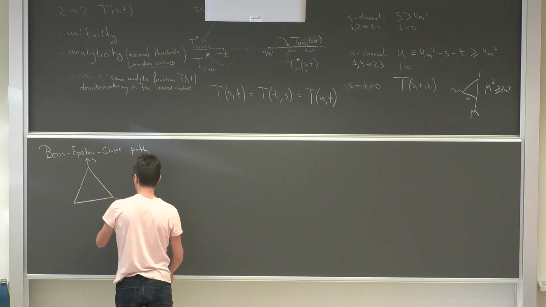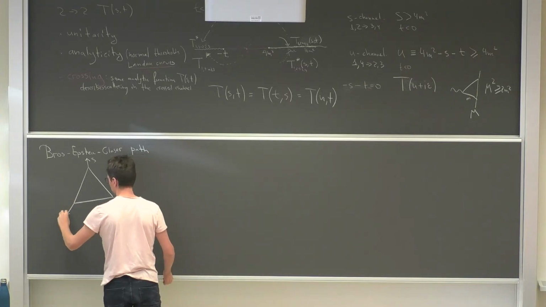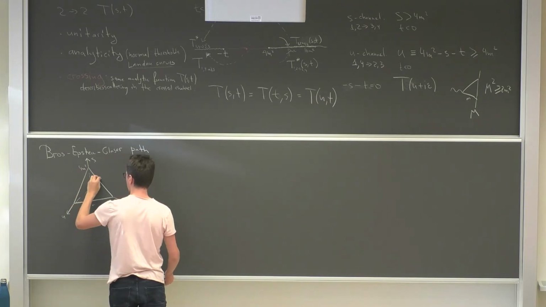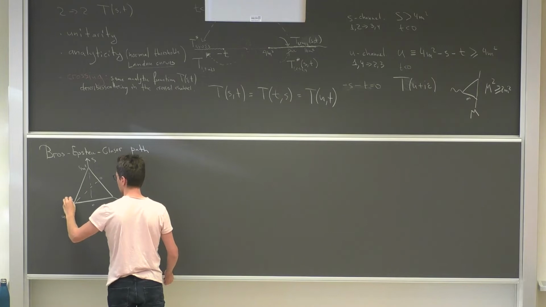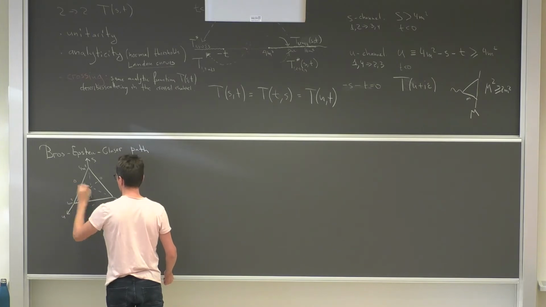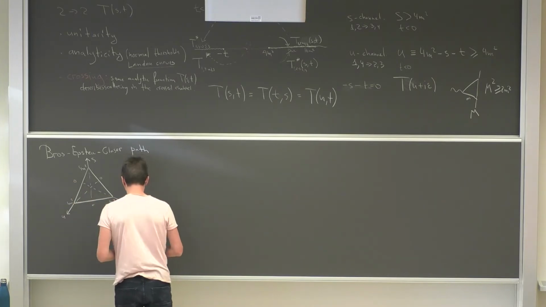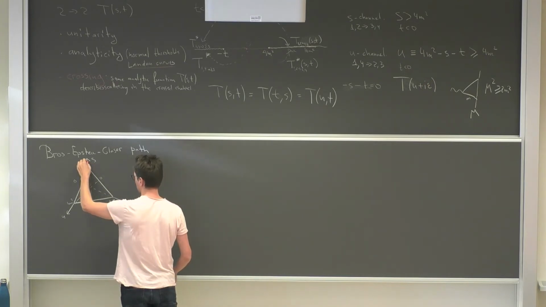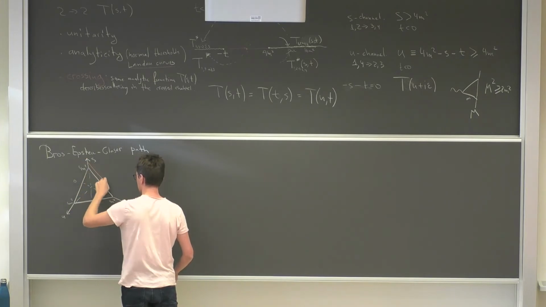S, T, U, 0, 4m squared, 0, 4m squared, 0, 4m squared. So then you can start in the physical region in the S channel and go to, say, U channel like this.